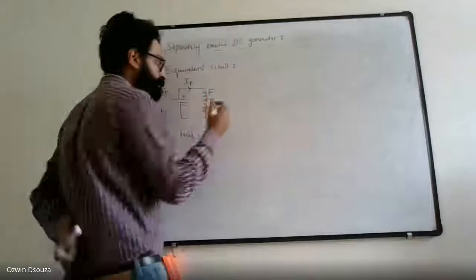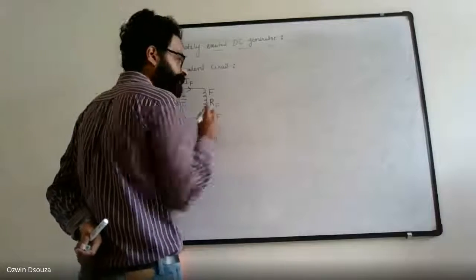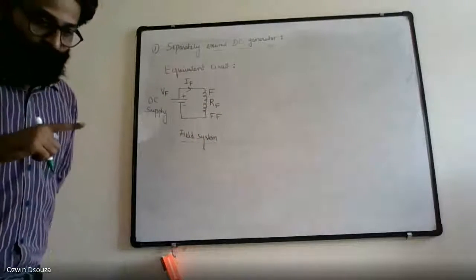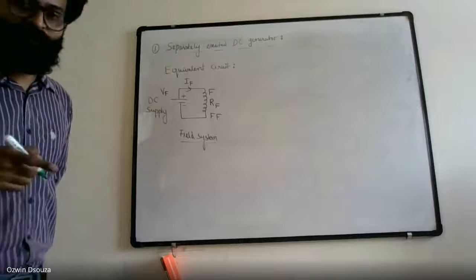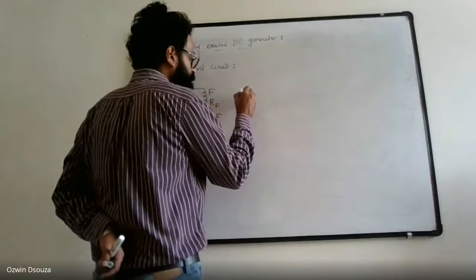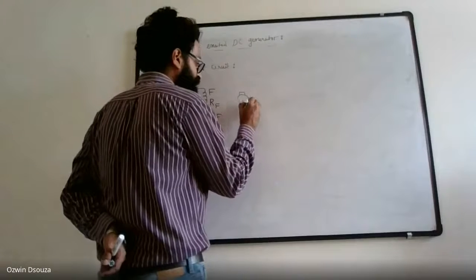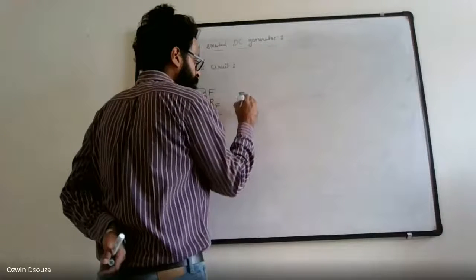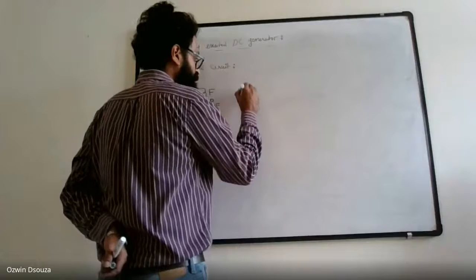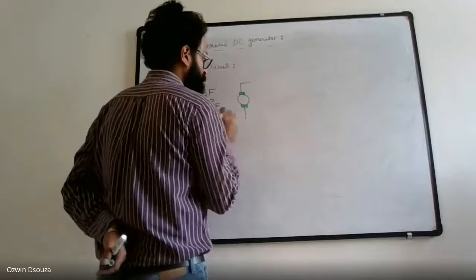Okay, so you can look closely. The armature is basically circular in nature and it is a rotating type, right? So that's the reason we draw a small symbol, something like this. A circular object we will draw.